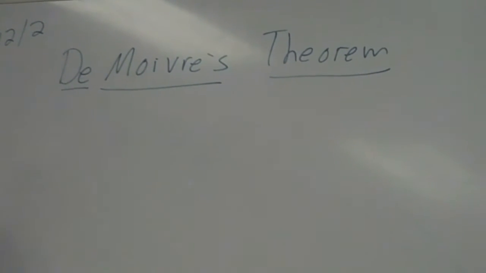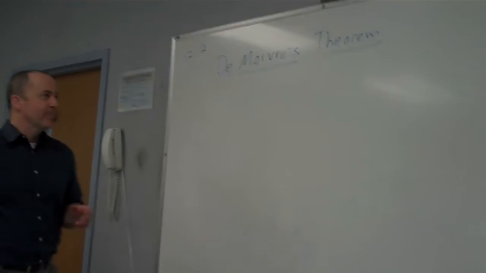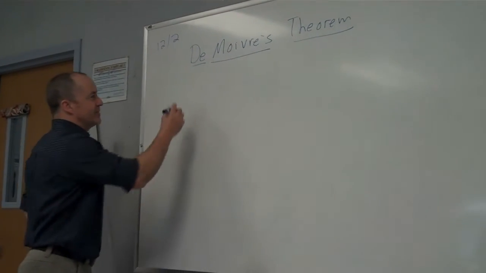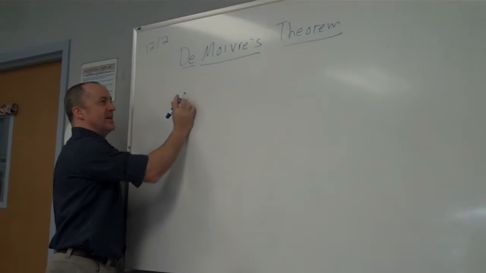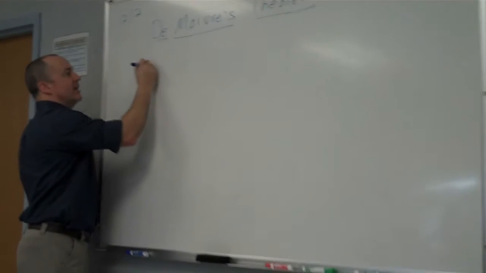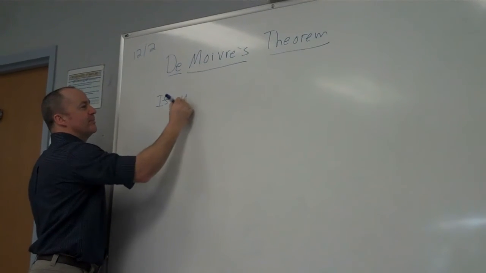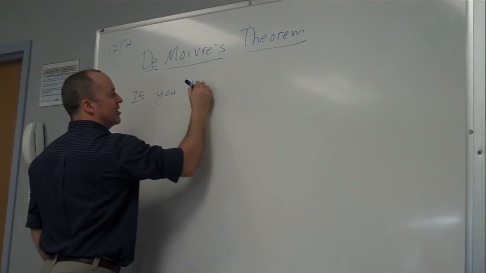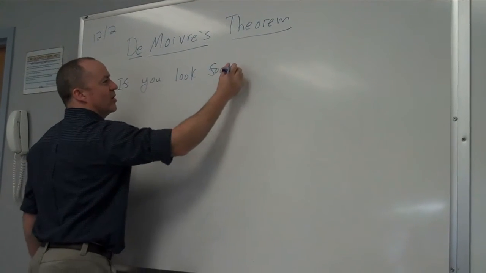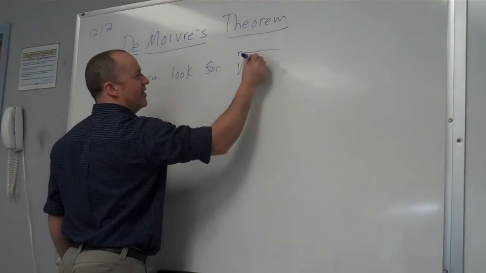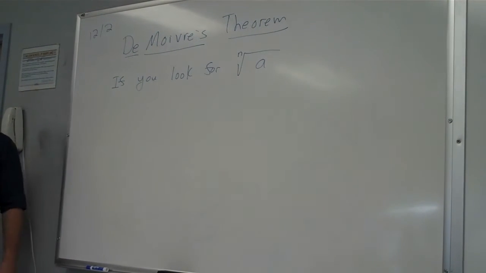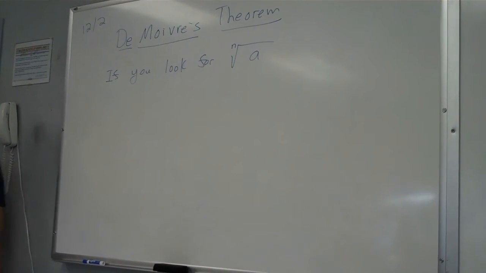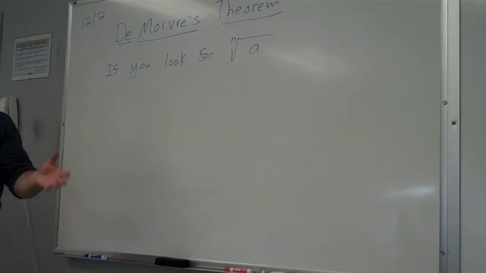De Moivre's theorem can be summed up a couple different ways. Here's one of them. It's based on an idea, and the idea is this: what I'm about to write is not the theorem; it's the idea behind it. If you look for a root of a number, nth root of a number, maybe it's a square root, maybe it's an 8th root, maybe it's a 27th root of a number.